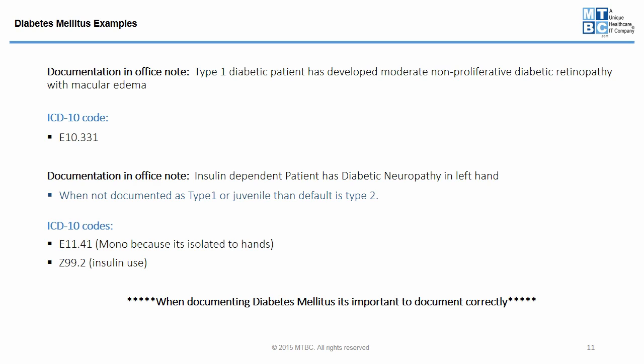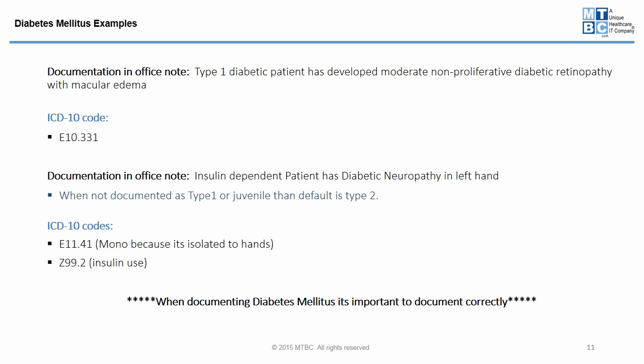Okay, so another example, documentation in an office note: insulin-dependent patient has diabetic neuropathy in the left hand. You see how detailed these documentations are? It's very important to have the detail, so you want to make sure your EMR is ready.